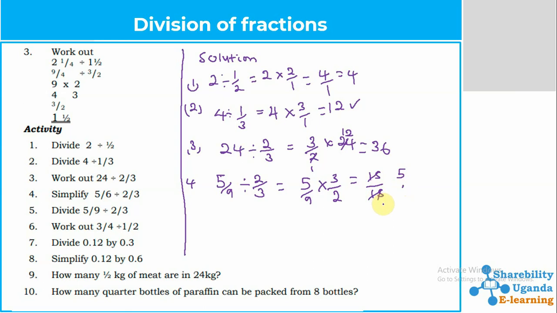Someone with an answer? We are dividing 18 by 3. So by 3 we shall have a 6. So that becomes our answer.